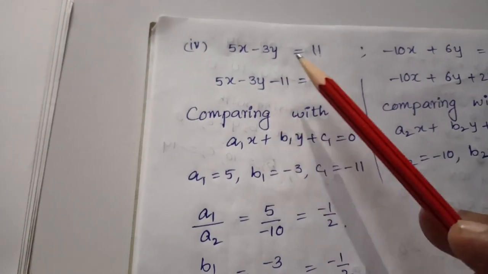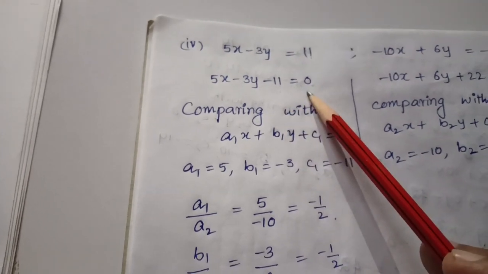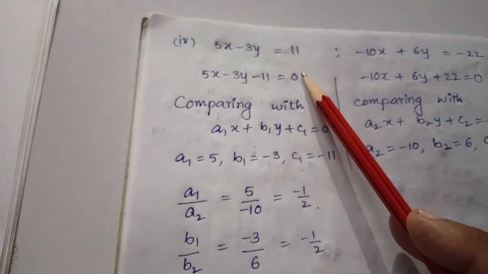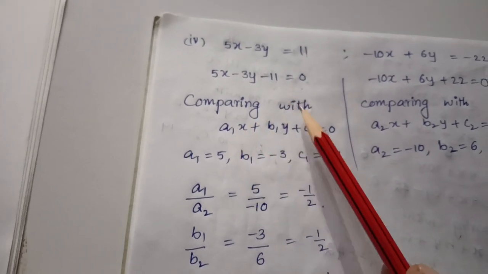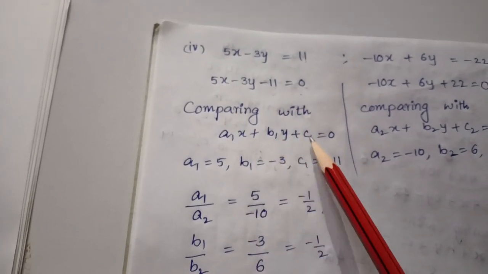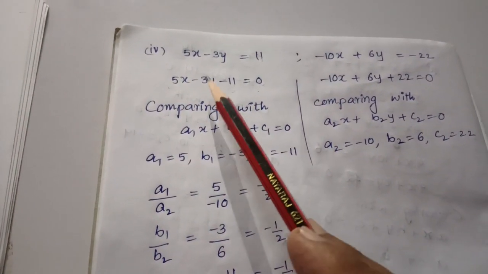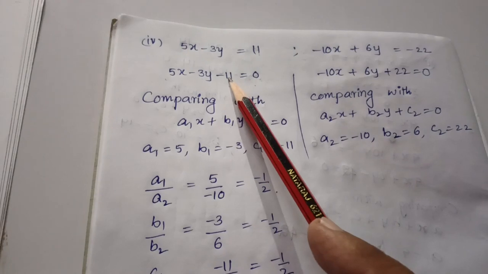Here 5x minus 3y minus 11 equals 0. Comparing with the first equation a1x plus b1y plus c1 equals 0, a1 is 5, b1 is minus 3, c1 is minus 11.